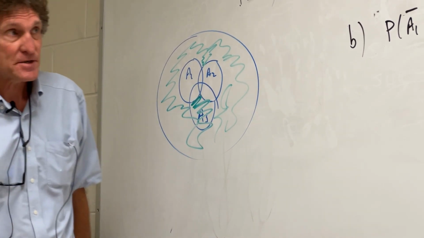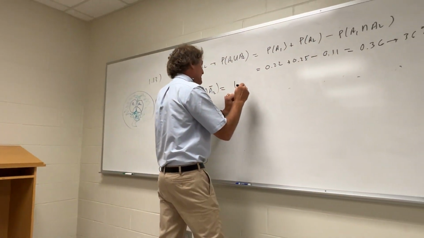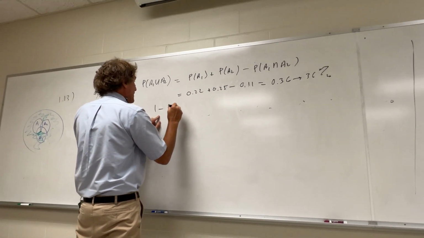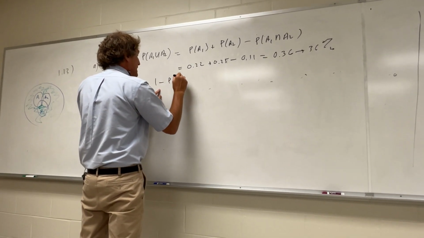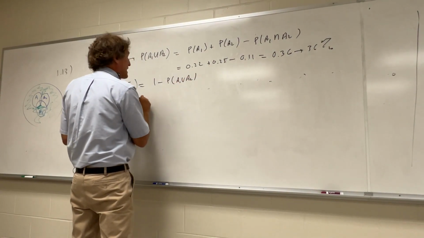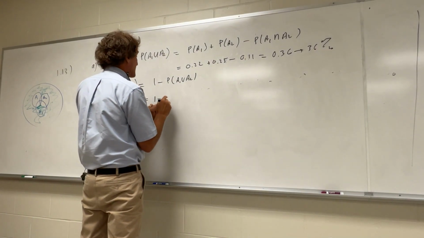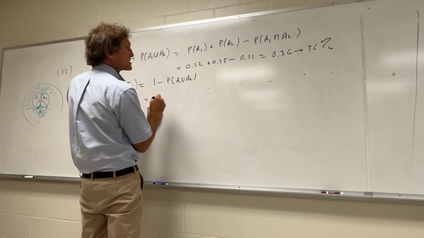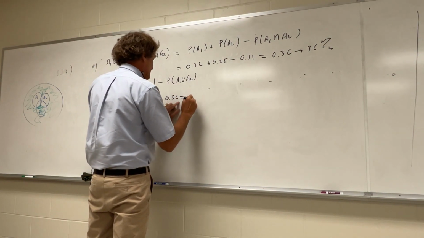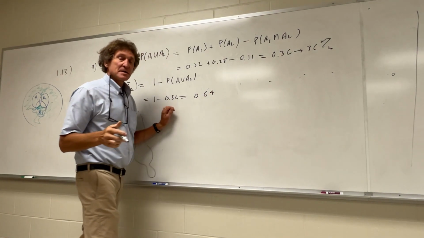We've got it, so this is equal to 1 minus, if it's probabilistic, we could do area-wise, probability of A1 union A2. So that's gonna be 1 minus, and what is that, 0.36, is that right? Yes, sir. 0.36, so that's equal to 0.64, is that right? Yes, sir. All right, is that the right answer?